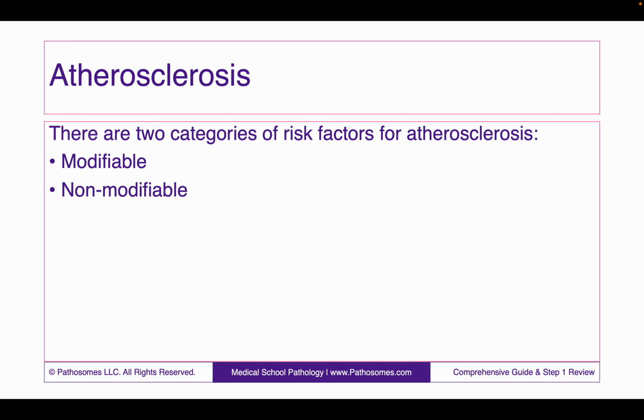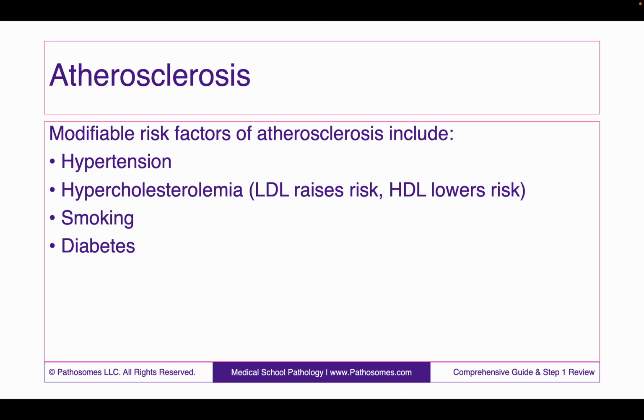There are two categories of risk factors for atherosclerosis: modifiable and non-modifiable. Now, modifiable risk factors, guess what? Can be modified, right? So modifiable risk factors of atherosclerosis include hypertension, right? We can get that blood pressure down. Hypercholesterolemia, right? We can work on that. Smoking.